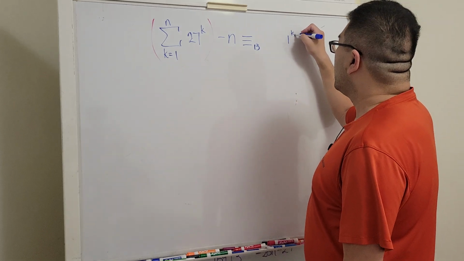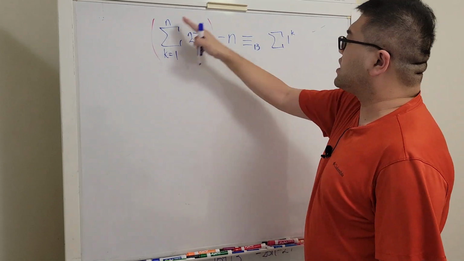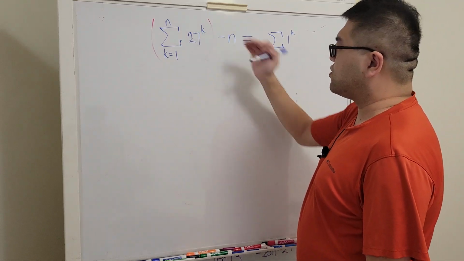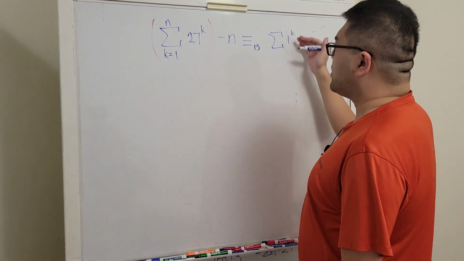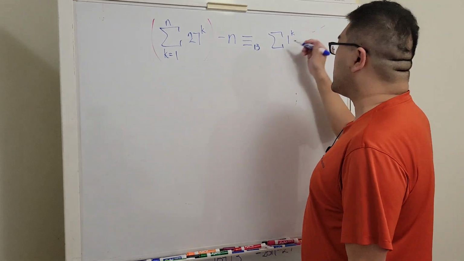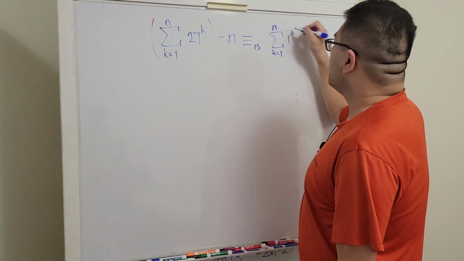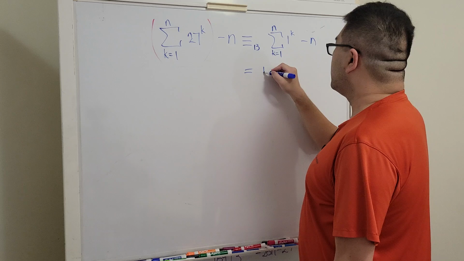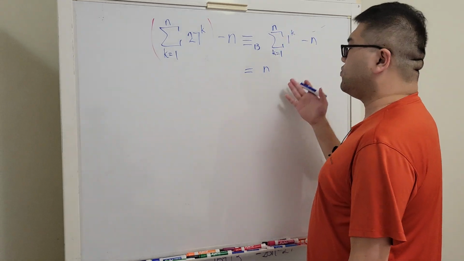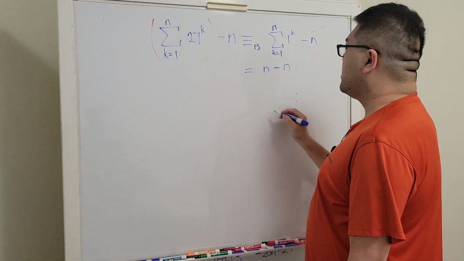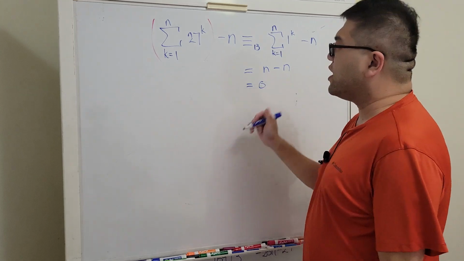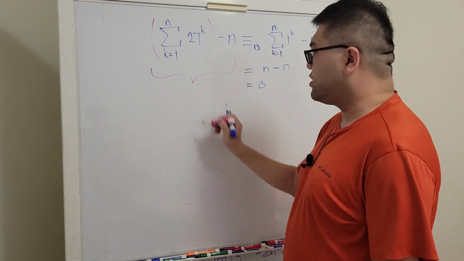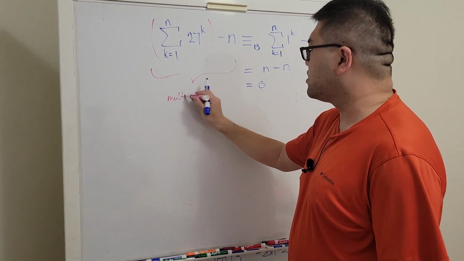And because this is just a sum, we will have n terms of 27 raised to the k power, and each 27 to the k power is congruent to 1 to the k power, meaning we just have n copies of 1 adding together. So this summation is equal to n minus n, which is 0. In other words, we have just proved that this expression is a multiple of 13.